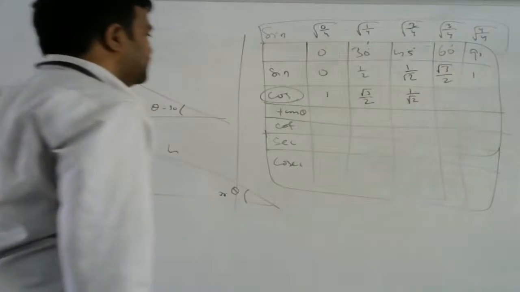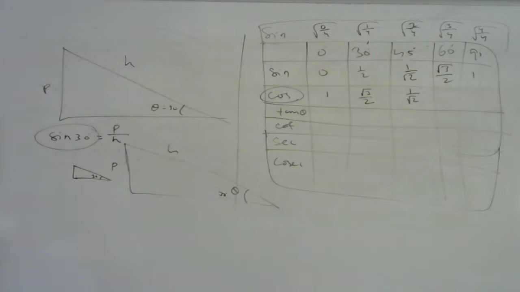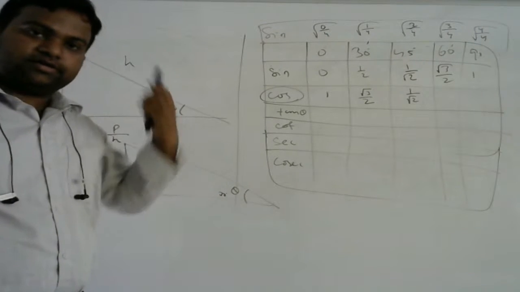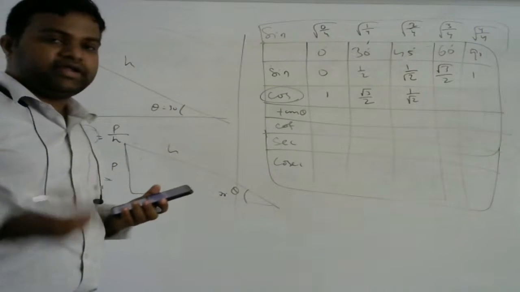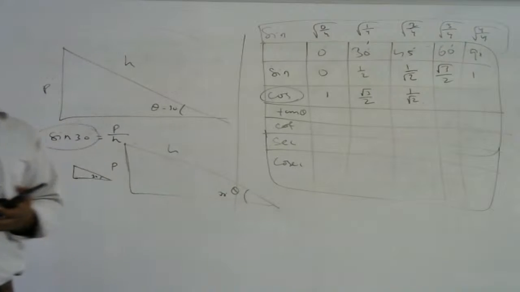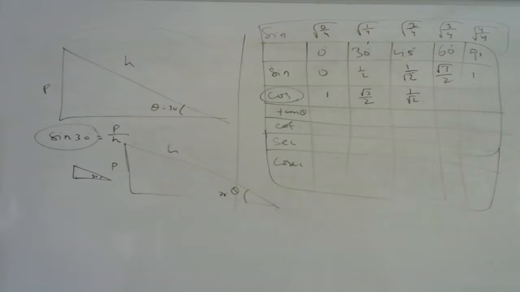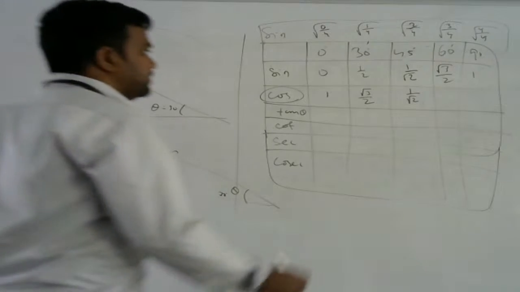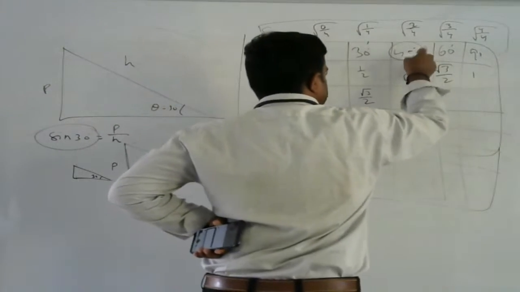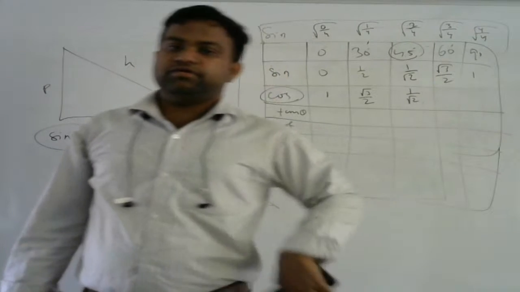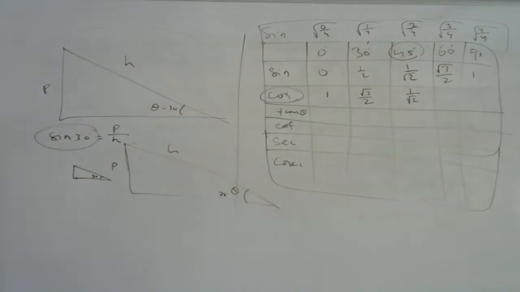Sin 45 and cos 45 same. Sometimes in the exam the question is asked: for what angle of a right angle triangle are both sine and cosine equal? So for 45 degree, sin 45 is 1 upon root 2 and cos 45 is also 1 upon root 2.